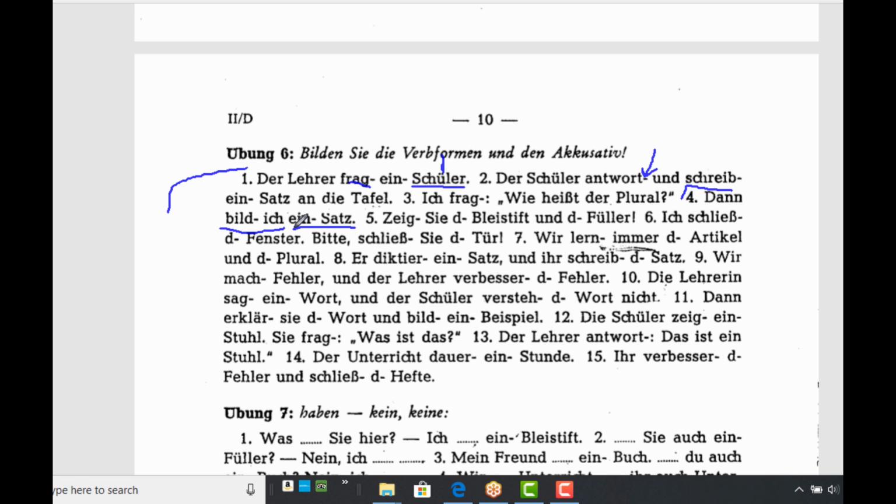Then bilde ich den Satz. It's very good to do those back and forth and replace the indefinite article with a definite article, because then you get used to the forms, but most importantly, you get used to how identical the forms are, just following that one paradigm.